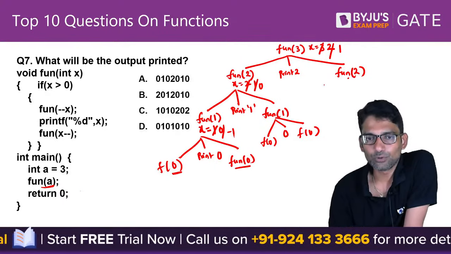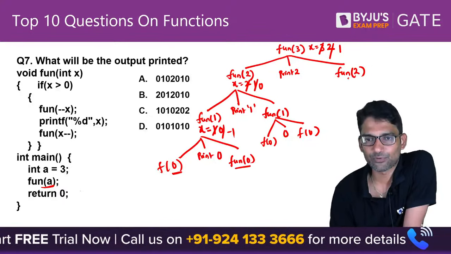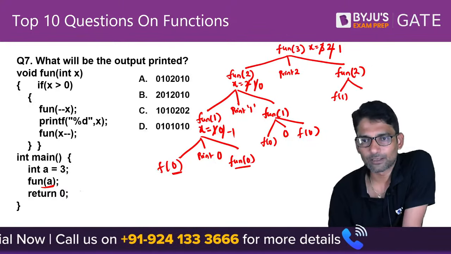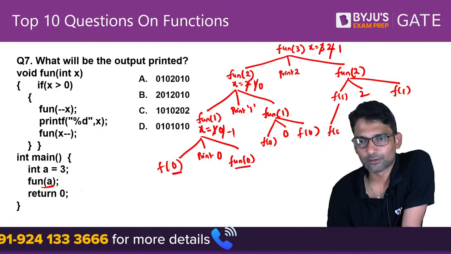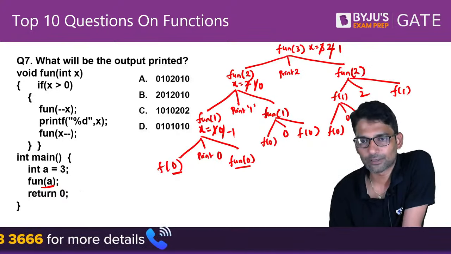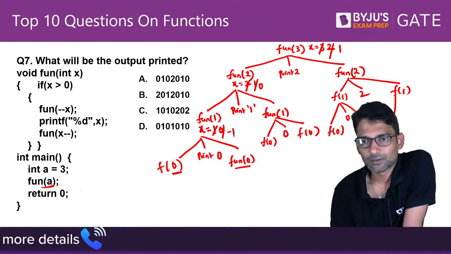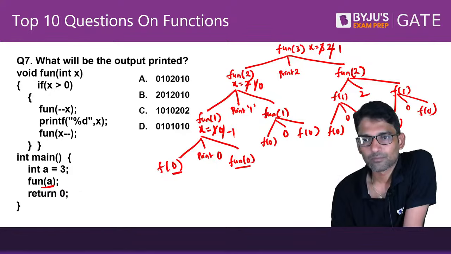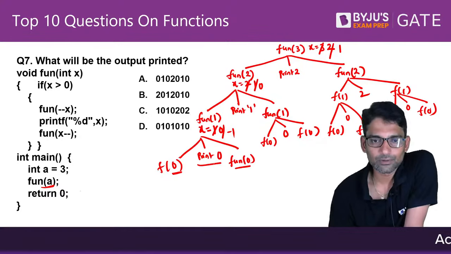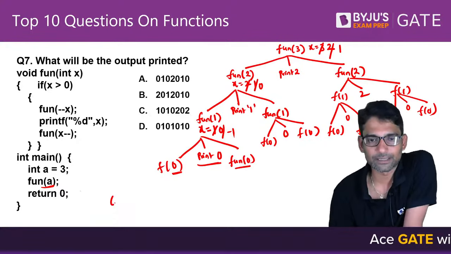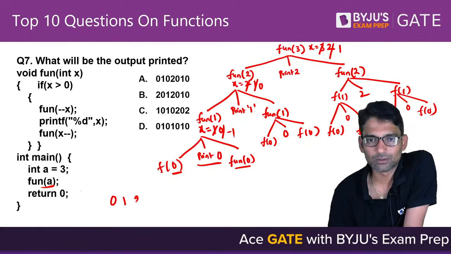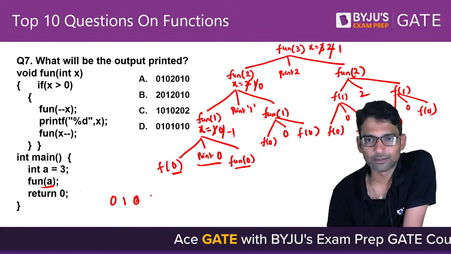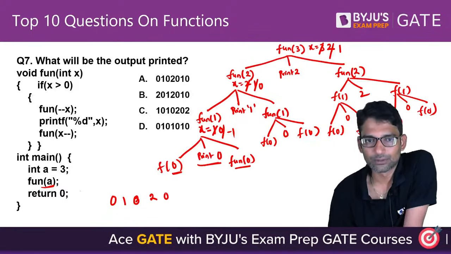Fun of 2 is again the same tree. Fun of 1, print 2, fun of 1. Fun of 1, fun of 0, print 0, fun of 0. Right. So now, first what got printed?